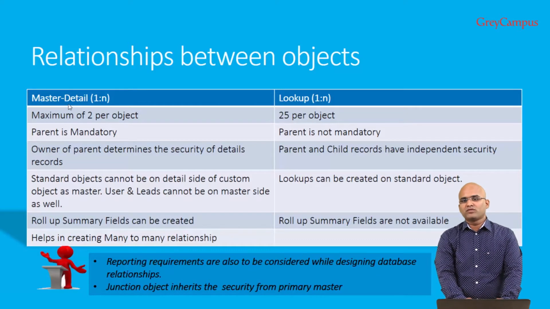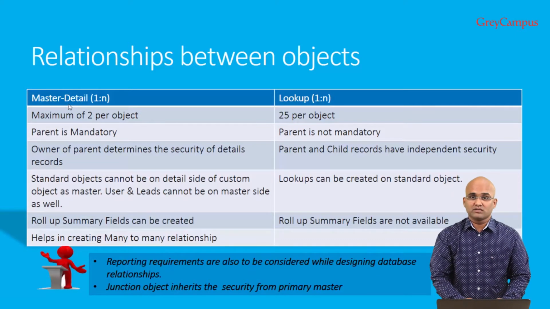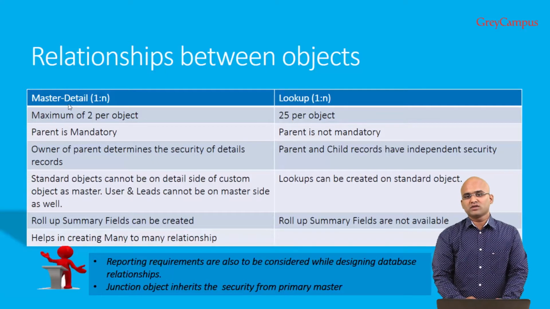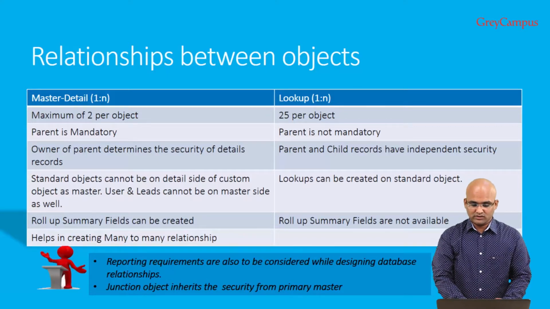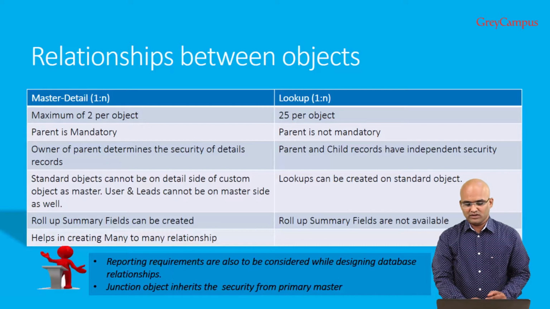The maximum number of master-detail relationships allowed on an object is 2. So an object can have only 2 masters, whereas with lookup relationships you can create 25 to other objects. Parent is mandatory. If you create a master-detail relationship on a child object, when you are entering a record into the child object, the parent is mandatory, but the parent is not mandatory in a lookup relationship.